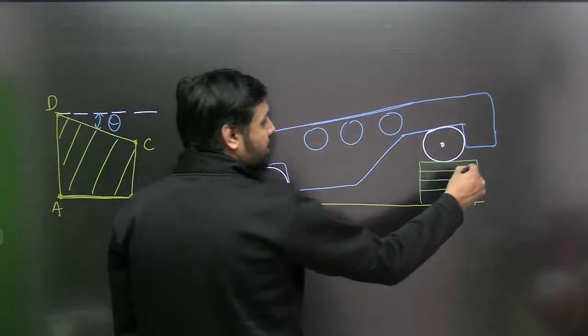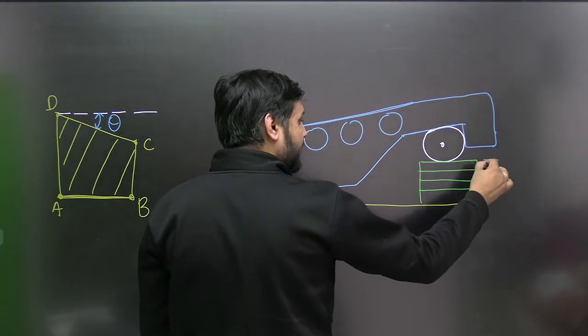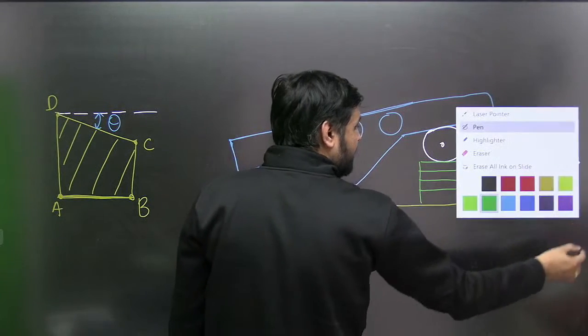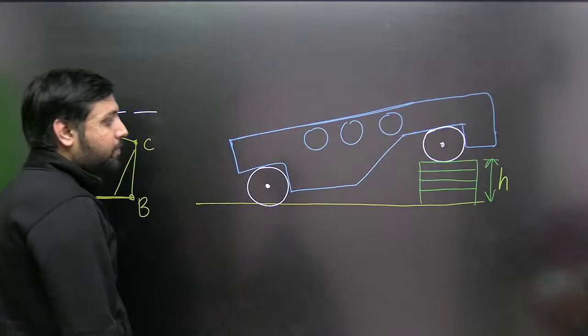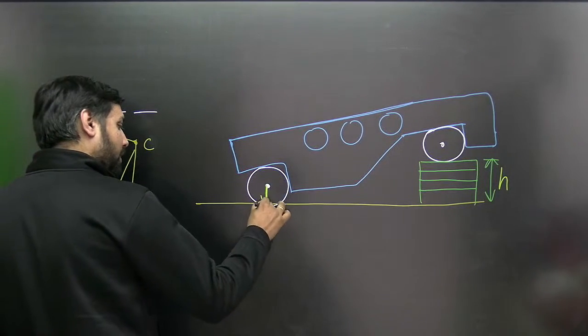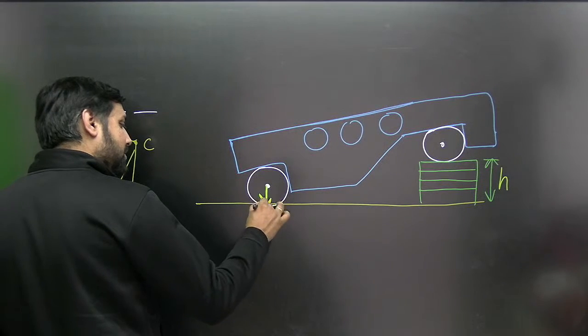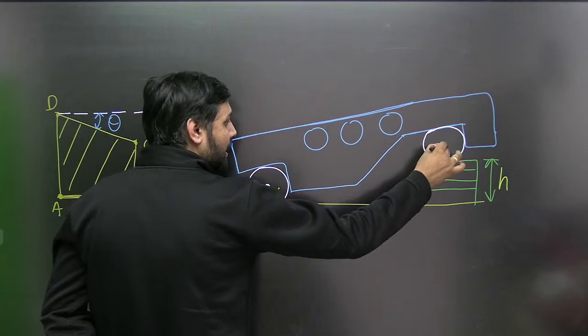Let us say this dimension is h, while the radius of the two equi-sized rollers is r, and there also it is r.